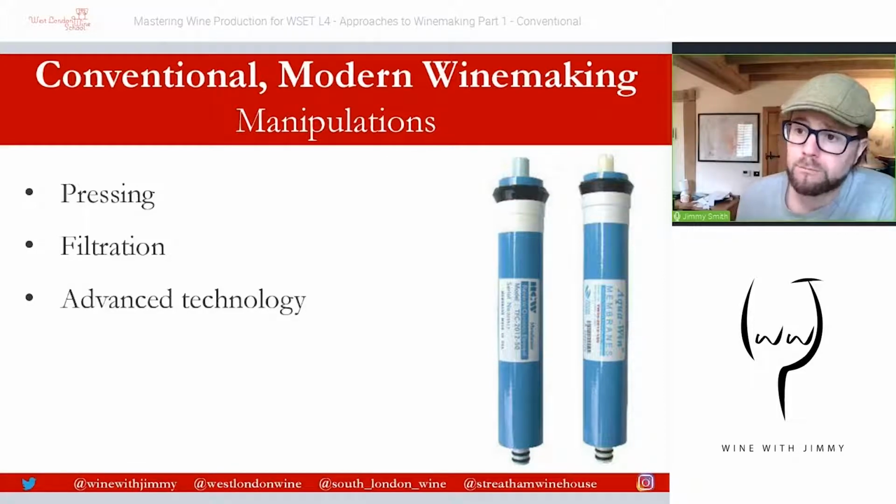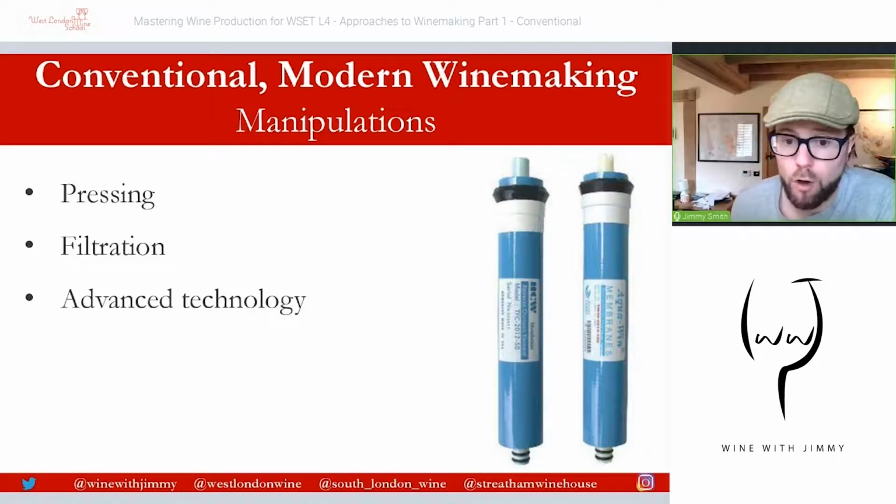This is the most high-tech and common option that we have available, and the equipment could be rented or bought, but of course it can be generally quite costly. And this, of course, is a way of removing excessive alcohol. So that is possible, and it's a way of manipulating your final product, but wouldn't necessarily be that natural.